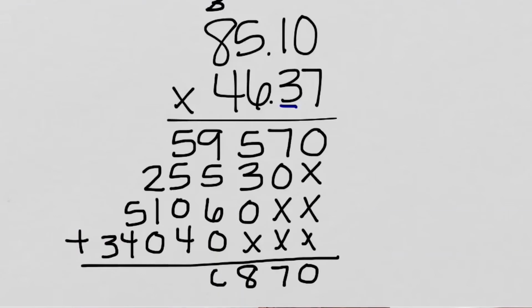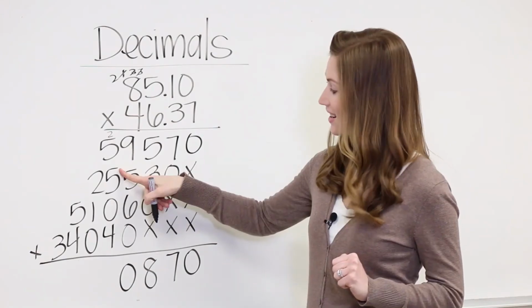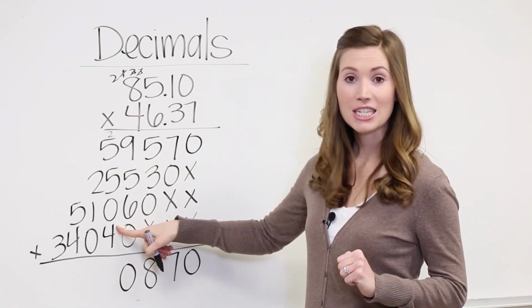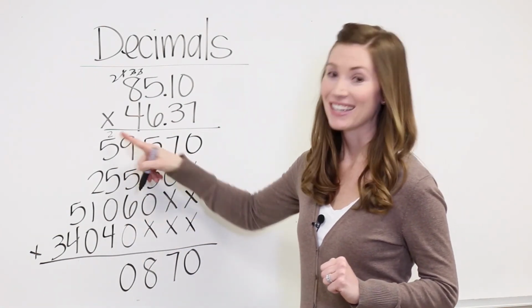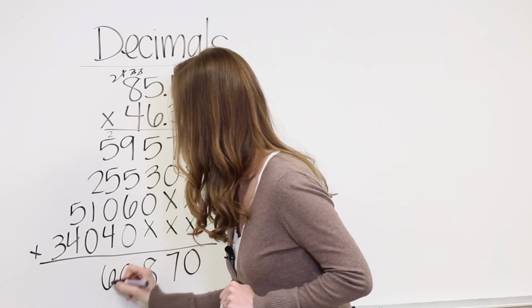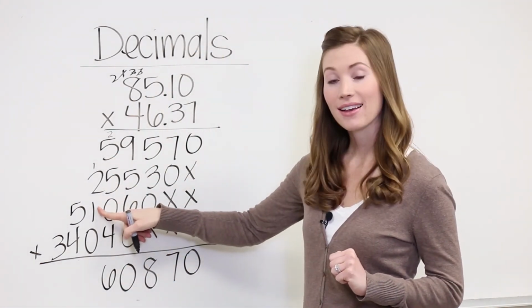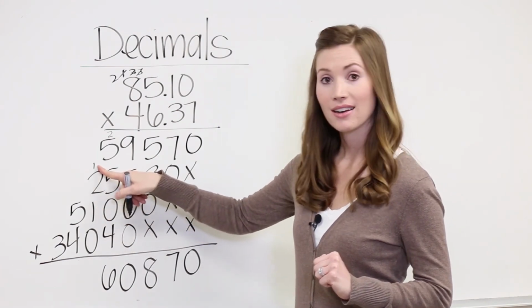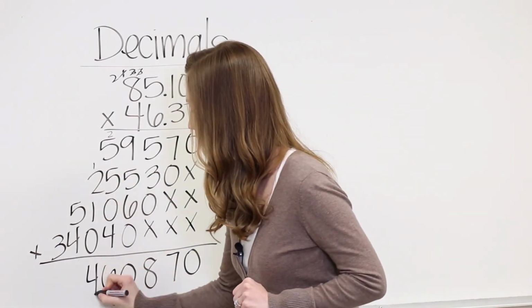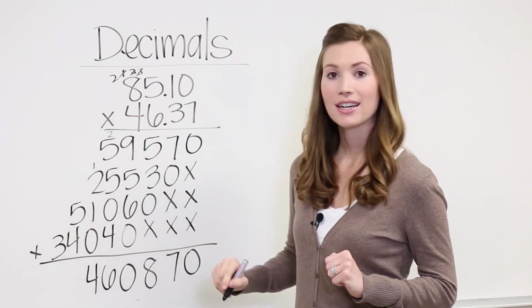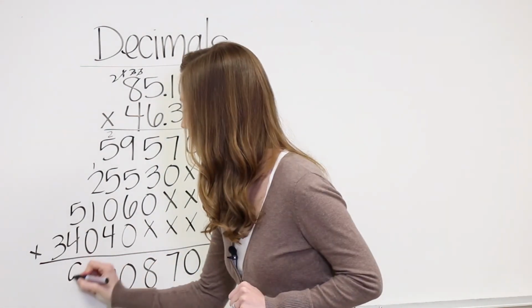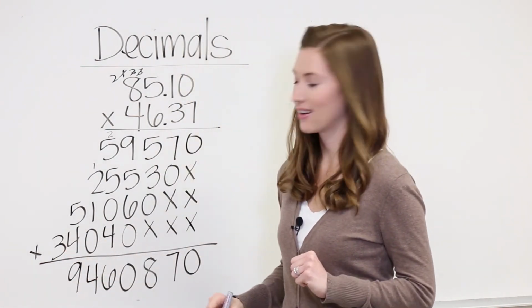Write the 0, carry the 2. 5 plus 5 is 10. Plus 4 is 14. Plus 2 is 16. Write the 6, carry the 1. 2 plus 1 is 3. Plus 1 is 4. 5 plus 4 is 9. And 3 plus nothing, that's 3.